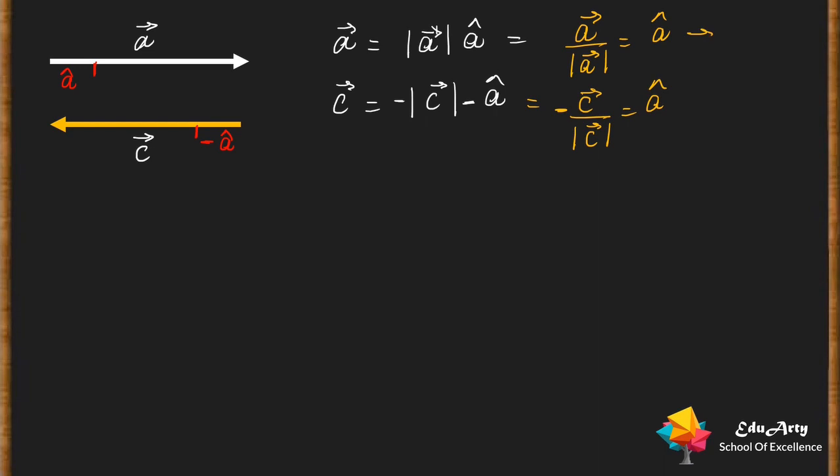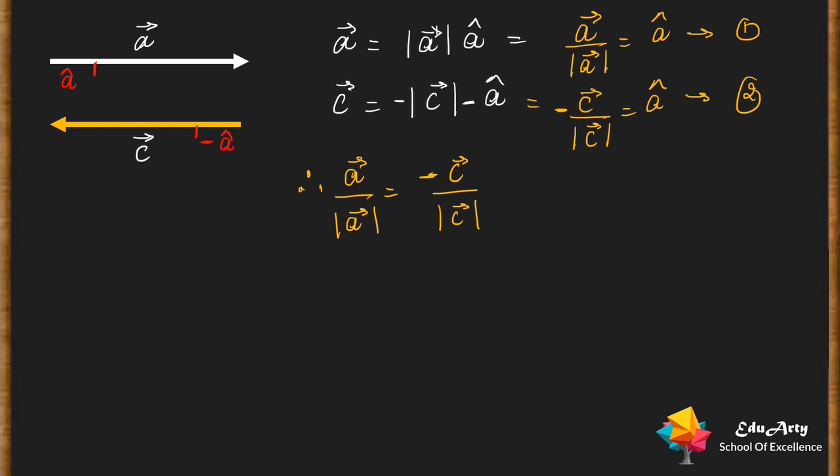So if this is your statement 1 and this is your statement 2, both are A cap, so we can equate them. Therefore A vector by magnitude of A vector is equal to minus of C vector by magnitude of C vector, correct?